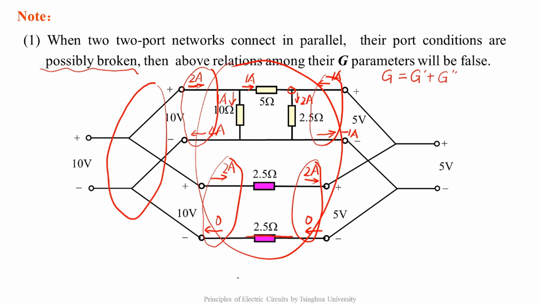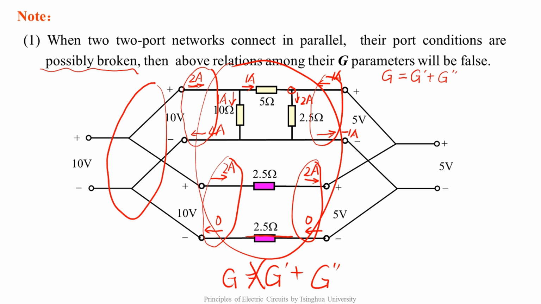Certainly, the relationship between the composite two-port network and the original two-port networks, that G equals G prime plus G double prime, doesn't exist any longer. You may find out the G parameters of the new composite two-port network after class and examine whether the relationship of the G parameters of it and the original two-ports still exists. The answer is no.